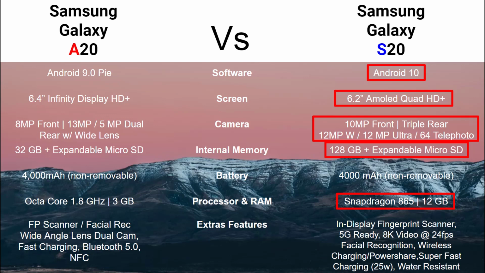It's a 5G ready phone, 8K video recording at 24 frames, facial recognition, wireless charging with power share, which means you can take your phone, flip it over, you can wirelessly charge other devices that support wireless charging. You also have super fast charging at 25 watts, which is even faster than fast charging, and it is also a water resistant phone. So it definitely does just overwhelm the A20 in terms of features.